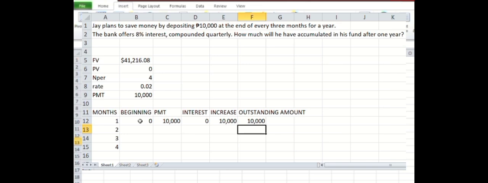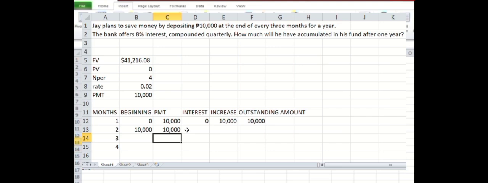Alright, and now let's move on to our second quarter. Let's put here the outstanding amount, and then for our PMT, let's put here B9, and let's also put the dollar sign in order for us to easily drag it down later.